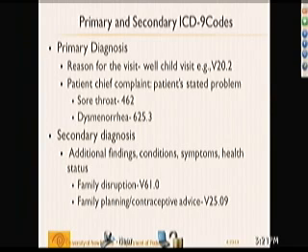But the primary diagnosis is also what the patient comes in with, their chief complaint or their chief problem. So sore throat or dysmenorrhea, painful menses. That would be the chief complaint, the main reason for the visit. That's a primary diagnosis. The secondary diagnosis is other conditions, other findings that you come up with during that visit.